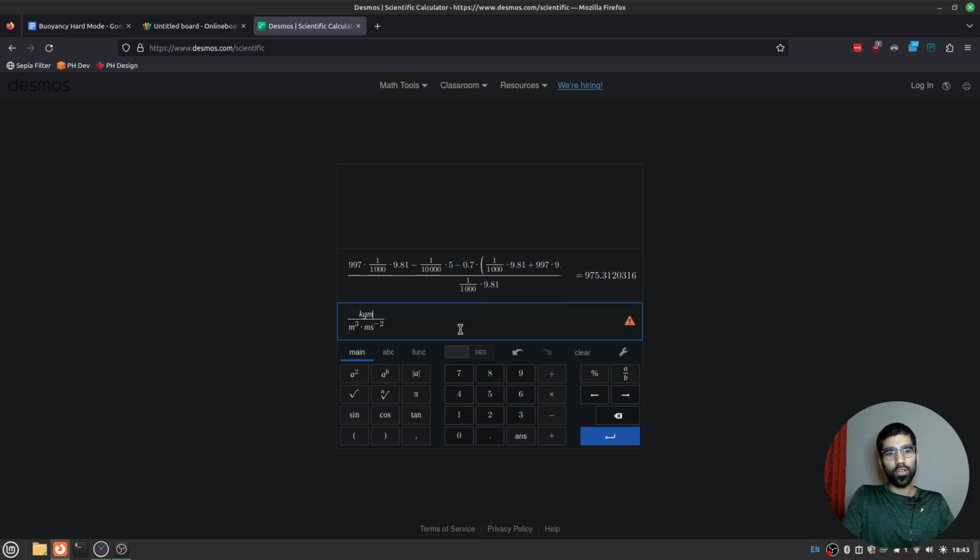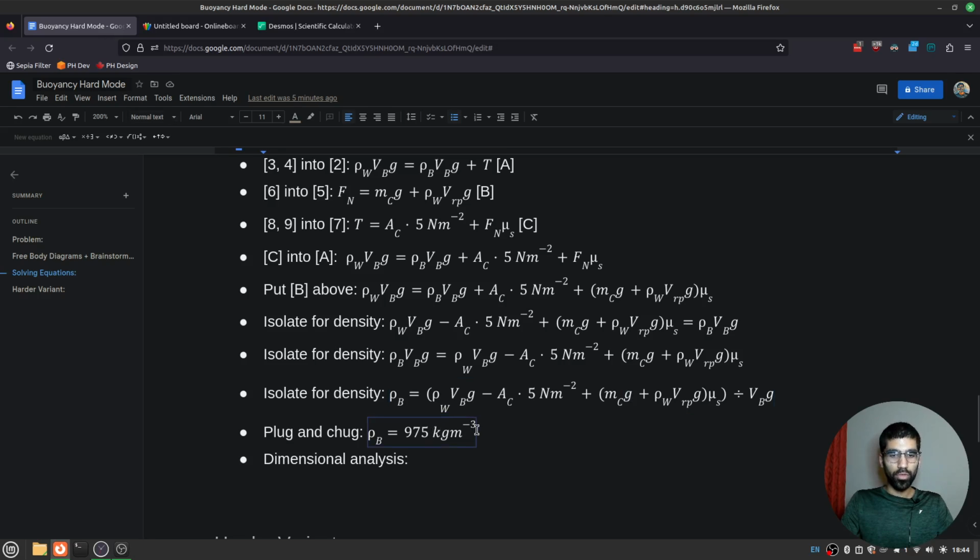I'm going to write this as kilograms per kilogram meters per second squared again, because we have a potential to cancel things out. We have a per second squared up here, cancel with the per second squared down here, and we have a per meter down here and a meter up here. Those things cancel, and we're left with kilograms per cubic meter, and that's what we expect. Those are the units. So dimensional analysis checks out.